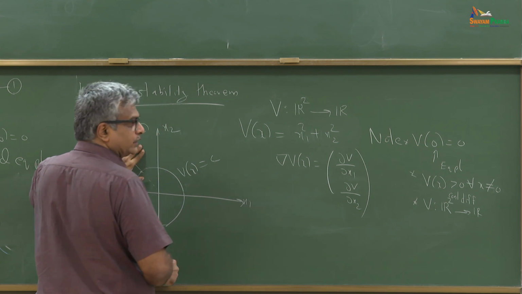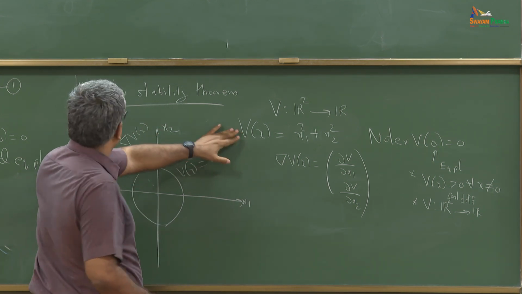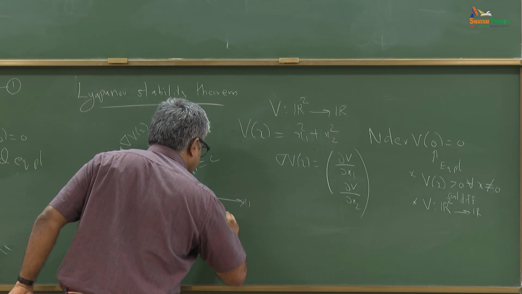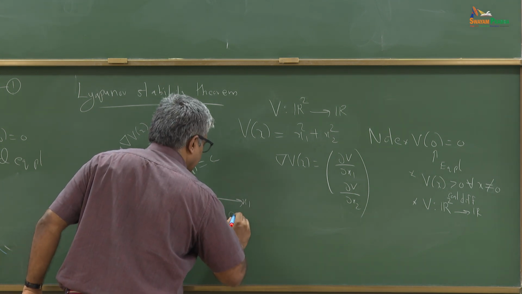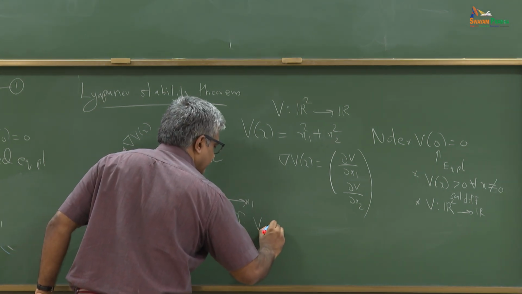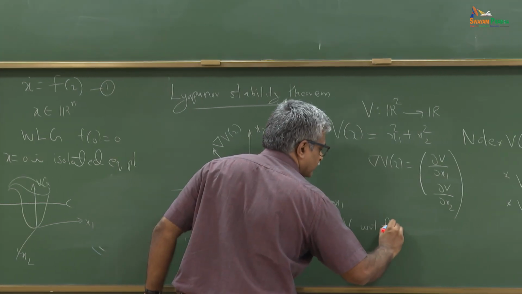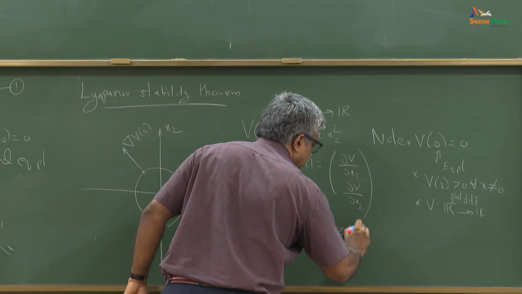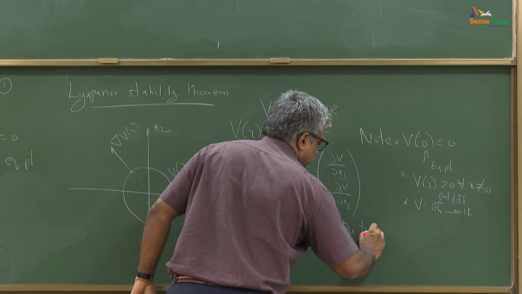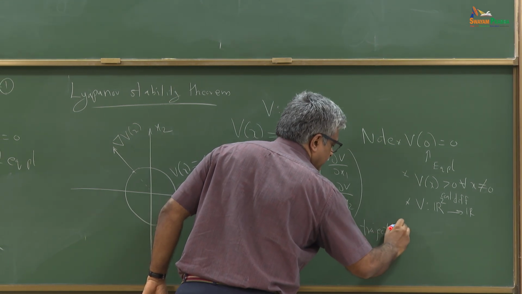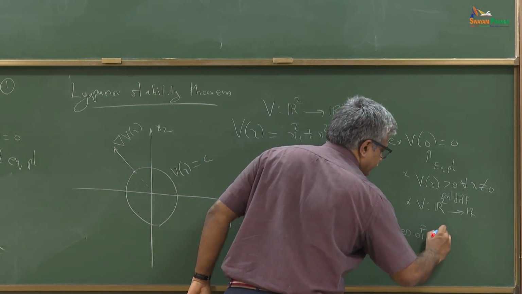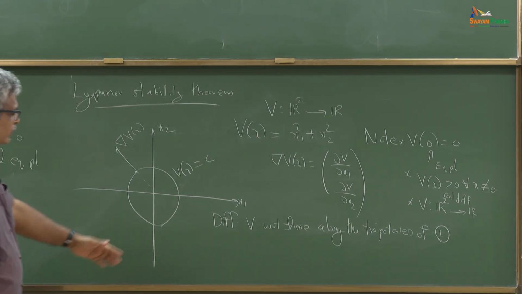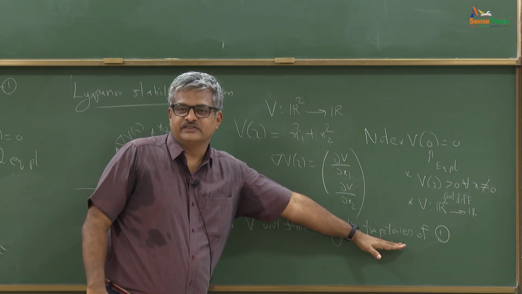Now let me take the derivative with respect to time of this function along these trajectories. That means differentiating V with respect to time, and I'll make it very clear why I write such a long phrase.